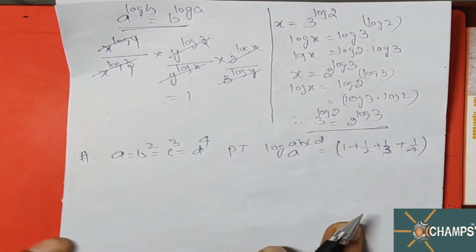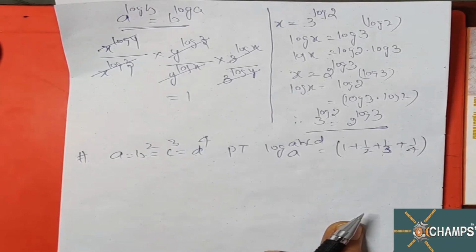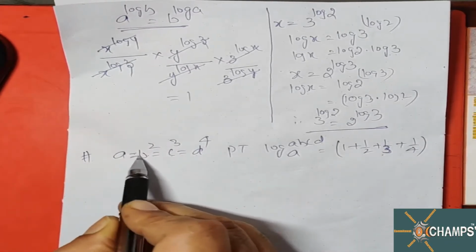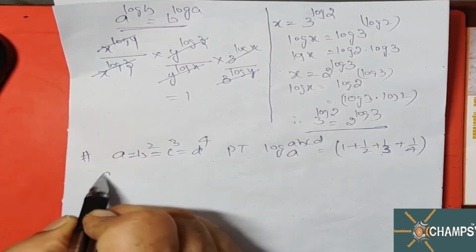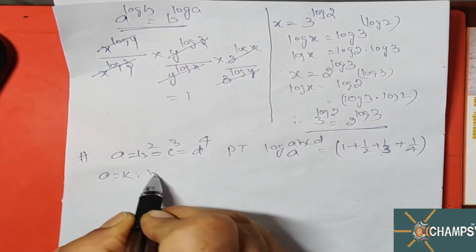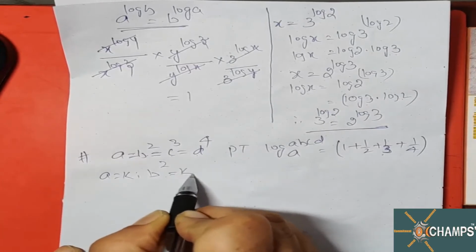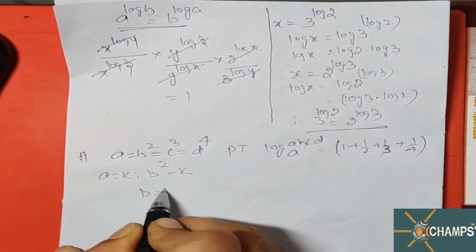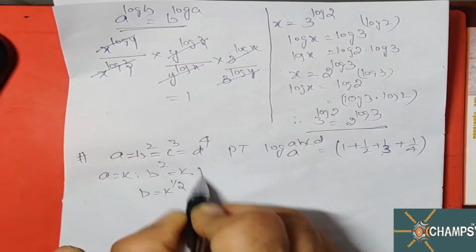Now this may be given as an option also. Here B is having power, C is having power, D is having power, and between these terms there is an is equal to sign.